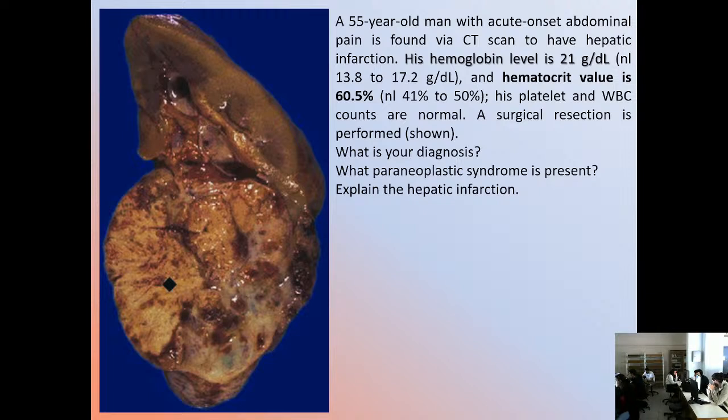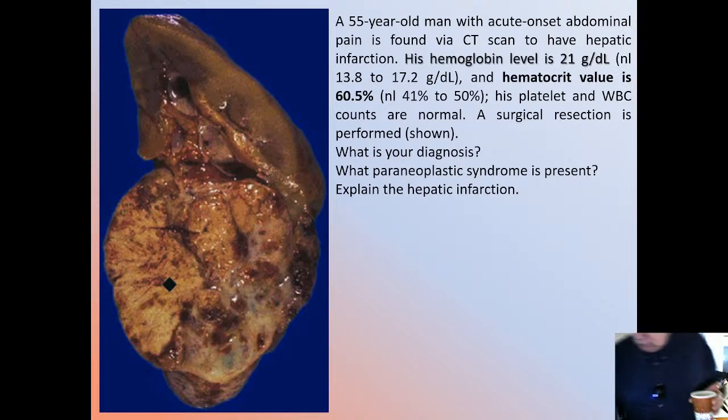Because if we have a thrombus in the portal vein, there is the hepatic artery that gives blood. So there is no infarct, because the liver has two ways of blood supply, the portal vein and the hepatic artery. So the problem has to be after the liver, to block the drainage.